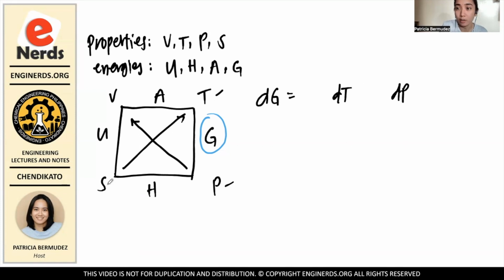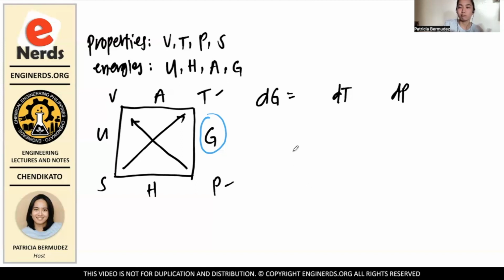Okay? Now, we have to know, where is T connected? It's in entropy, right? But then, here, where is the arrow pointing? It's pointing at T. But then, if you're gonna start at T, because that is the function that changes here when we're talking about the Gibbs free energy, if you want to connect it to S, you have to go backwards from the arrow. You're going from the tip of the arrow to the tail. And that actually indicates negative because you're going backwards.